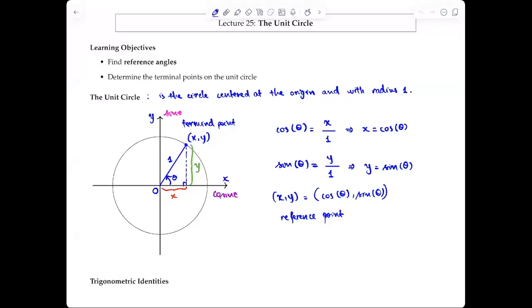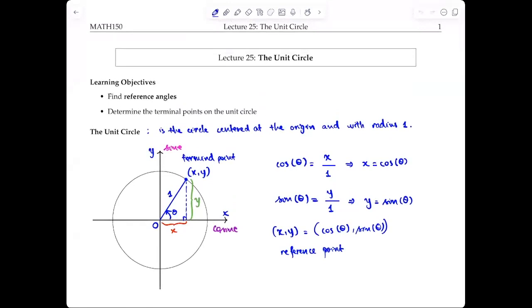So for lecture 25, we start looking at the unit circle. Again, the idea is that we want to know how to calculate, find or locate the reference angle and also the reference points on the unit circle. We did some calculation yesterday to show that the horizontal axis, the x-axis, in trigonometry is considered the cosine axis. The vertical axis, the y-axis, is also considered the sine axis.